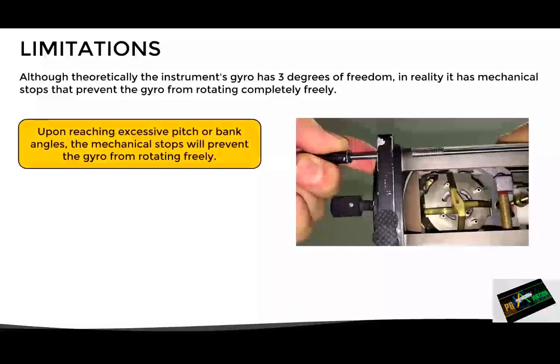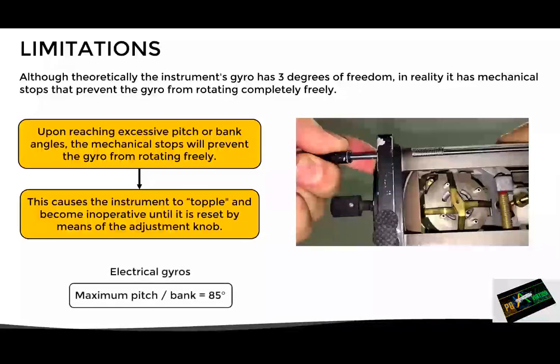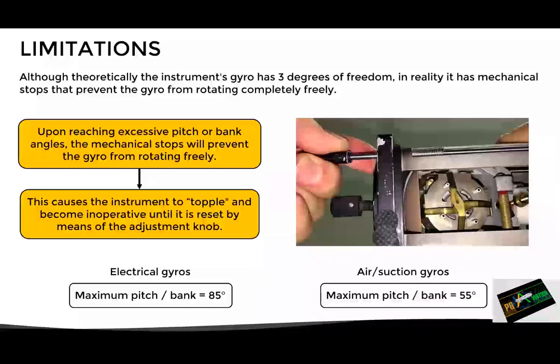This implies that upon reaching excessive pitch or bank angles, the mechanical stops will prevent the gyro from rotating freely, causing the instrument to topple and become inoperative until it is reset by means of the adjustment knob. Typically on electric-driven heading indicators, the pitch and bank limits are around 85 degrees. While on the other hand, on air-driven gyros, the limits are more restrictive, around 55 degrees.